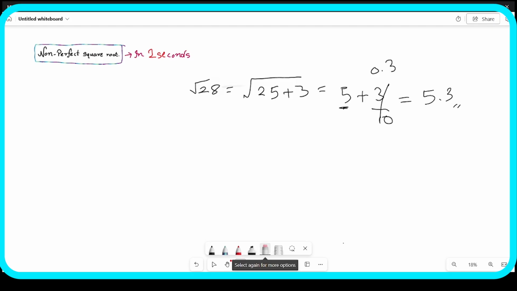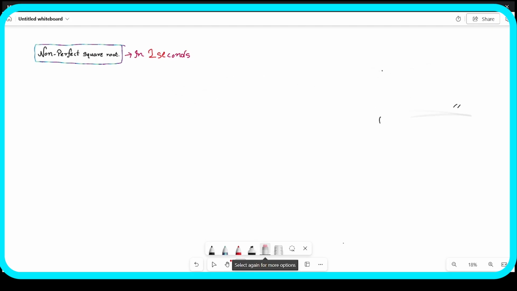And let's solve another example, like square root of 32. Write it in terms of 36, square root of 36 minus 4. So square root of 36 is 6.